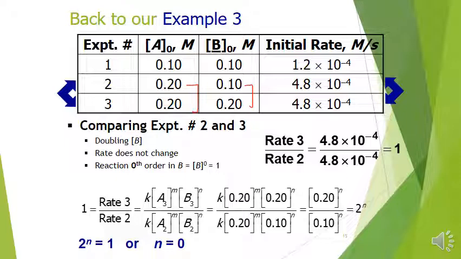And we see the rate stays the same. So you have 2 to the n power equals 1. And so to solve for n, anything to the 0 power is equal to 1. So n is equal to 0.